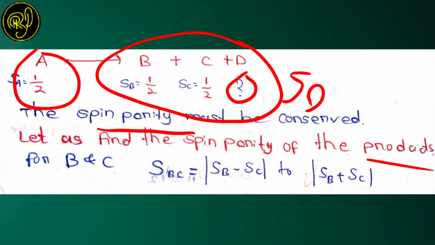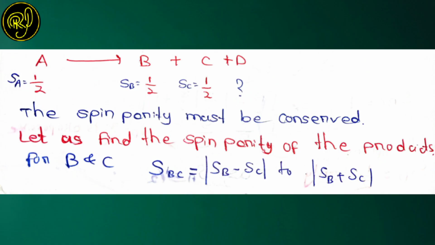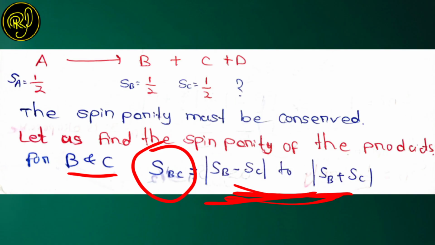Now first let us combine the spin for B and C. For B and C we can write that the combination is SBC, means SBC represents the combined state of spin SB and SC, and this can be given as SBC is equal to mod of SB minus SC to mod of SB plus SC, means the value of SBC will lie between these two values.